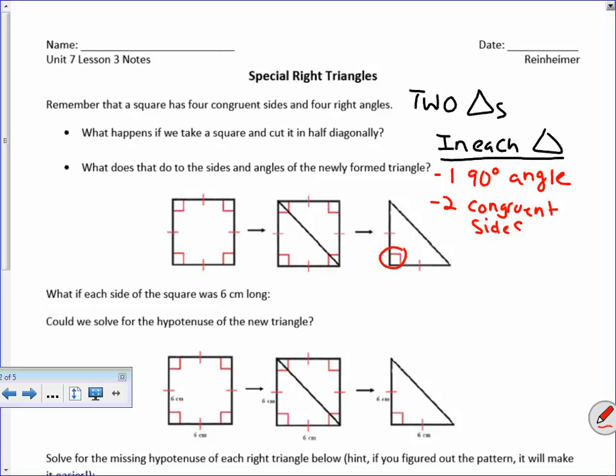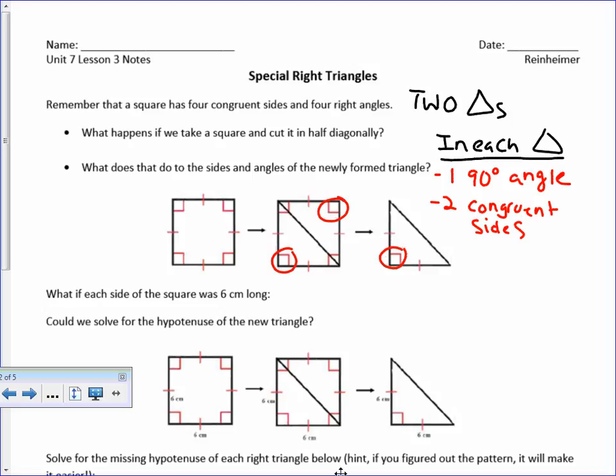Now the last thing that might not be so easy to see, but it definitely makes sense, is if we once had 4 right angles, I'm going to do the 2 that got cut in half in a different color.